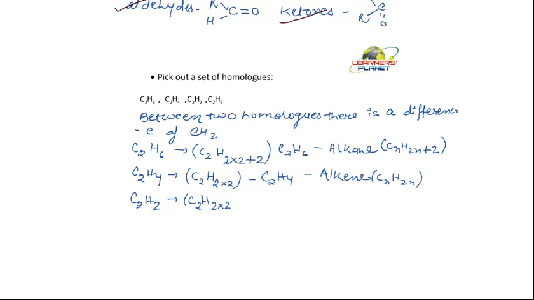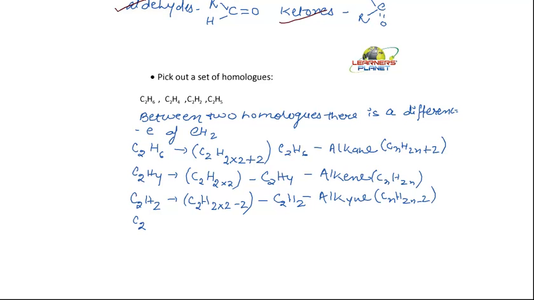C2H2 into 2 minus 2. What are we getting? C2H2. And this is what, students? This is alkyne. And what is the general formula? CnH2n minus 2. Okay? Now, all the three belong to different homologous series.